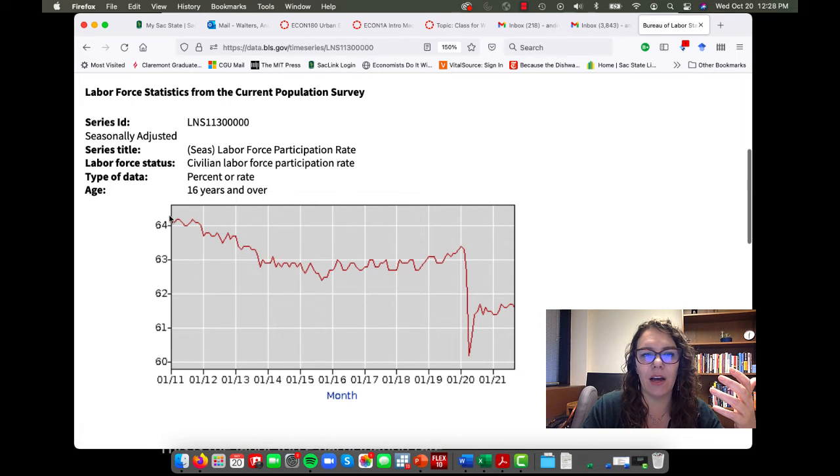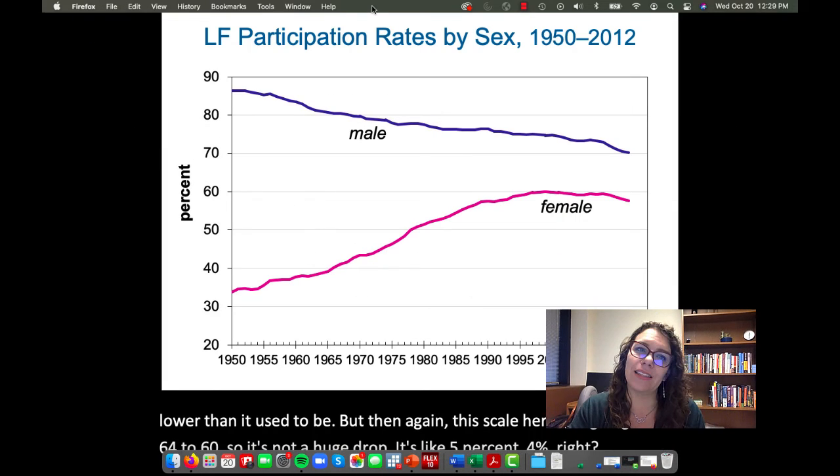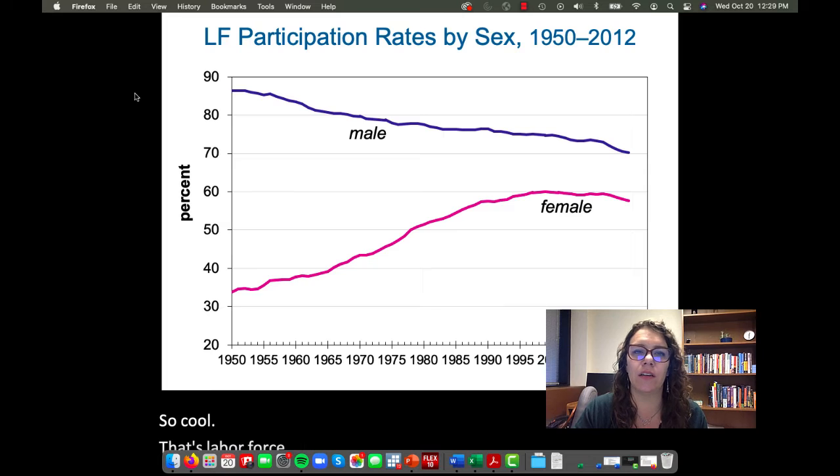And we can see this is for the entire adult population, 16 and over. And we can see labor force participation went down a lot in 2020. It's gone back up, but it's still lower than it used to be. But then again, this scale here is going from 64 to 60, so it's not a huge drop. It's like 5%, 4%, right? So, cool. That's the labor force participation rate.